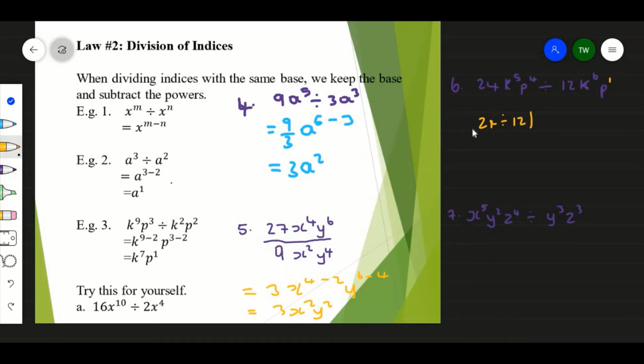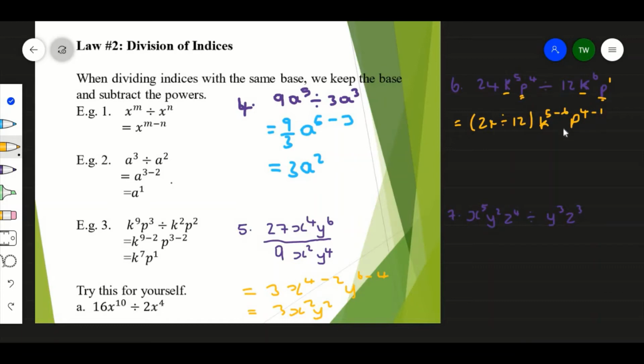Put that in a bracket. Then we are now focusing on our k term. So k is the base here, so we're going to keep our k. And we're simply going to subtract the power, so it's going to be 5 minus 6. Then now we are going to focus on our p term, where p is the base in this case, so we're going to put our p. And we're simply going to subtract the powers, which is 4 minus 1.